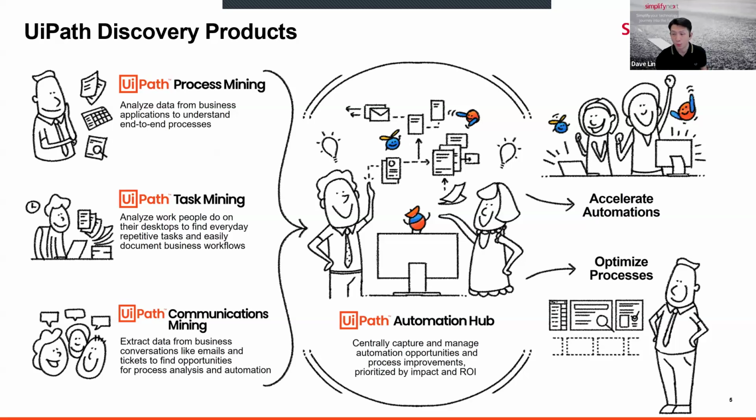For instance, we can begin with process mining to analyze our systems of record, SAP, Oracle, etc. Additionally, we can deploy task mining and communication mining to examine the manual processing workflows performed by selected individuals. Once we have the data from process mining, task mining, and communications mining, we can review all this data and identify the process bottlenecks.